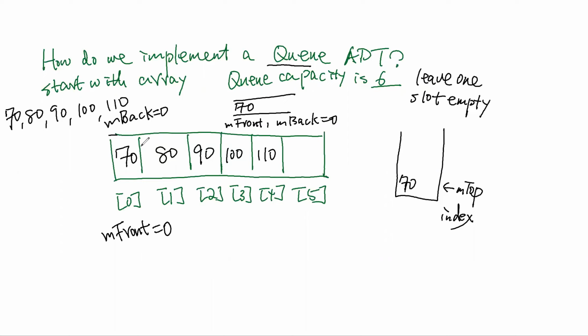70 is at the sub 0 location. But then how do I keep track of the back? In queue implementation, we will advance back to the next empty one.